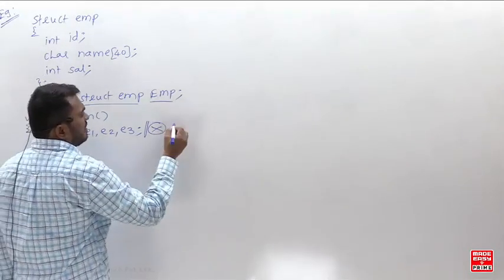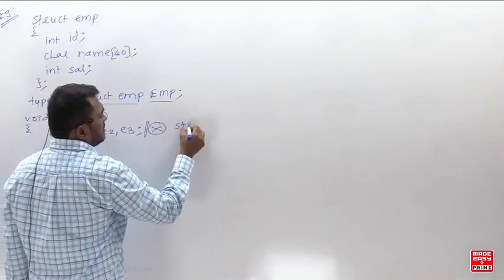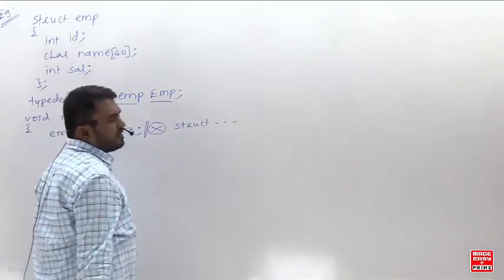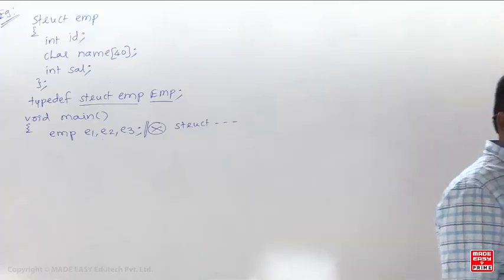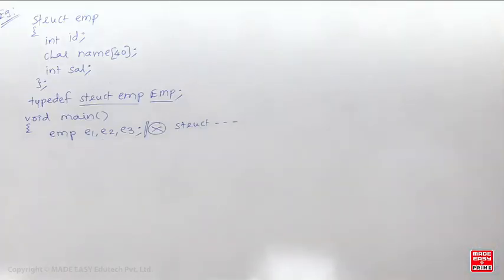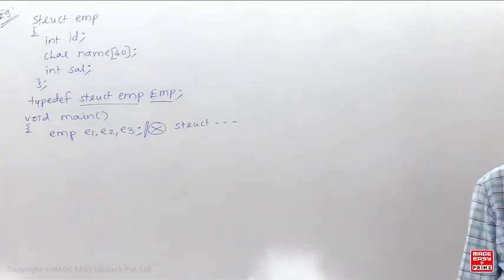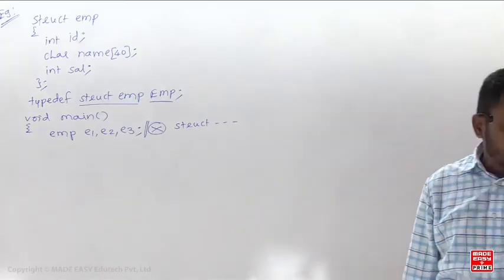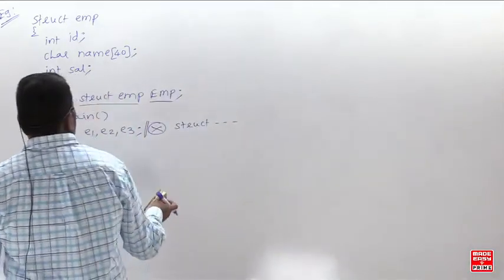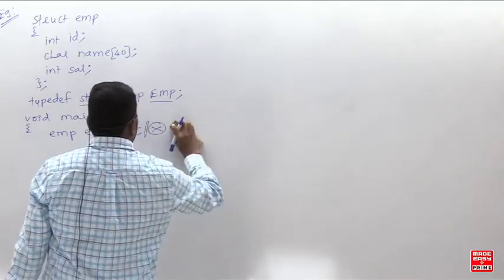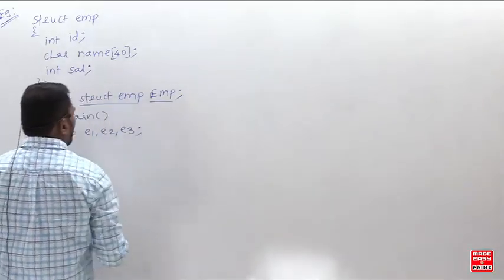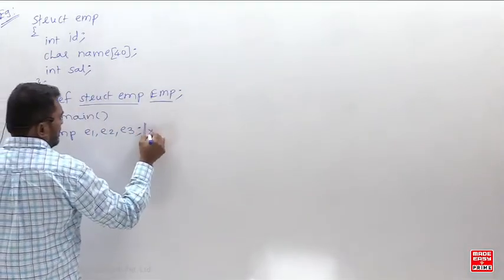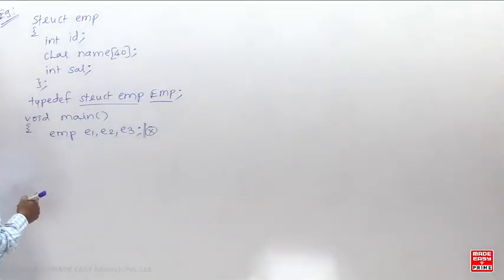Note down in the comments: struct keyword missing. Many people are saying allowed. Is that clear? So note down in the comments properly: not allowed because the struct keyword is missing.